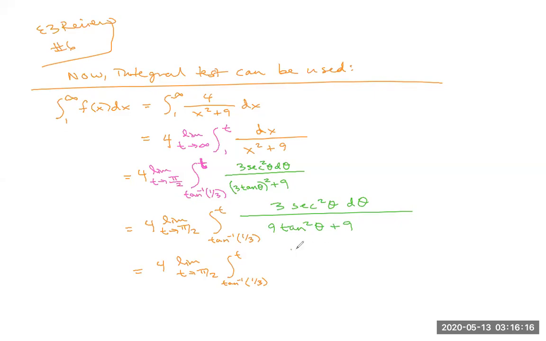So we're going to have 3 secant squared theta d theta divided by 9 times tangent squared theta plus 1. Okay, so from the 3 over 9, we get 1/3, and we can multiply that to the 4 out in front to put the constant out front.